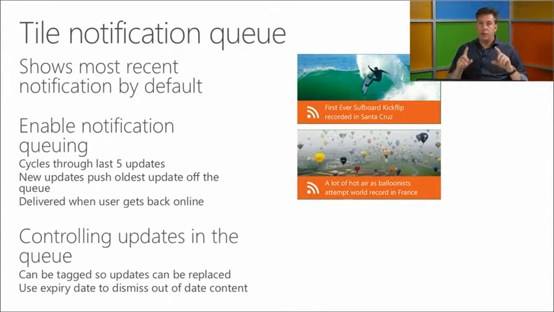When you have a tile that shows multiple instances, multiple types of information, you can make use of a tile notification queue, and then it shows the most recent notifications. It cycles through the last 5 updates, so you have only 5 things that you can put in the queue, and Windows makes sure that it cycles over those items.